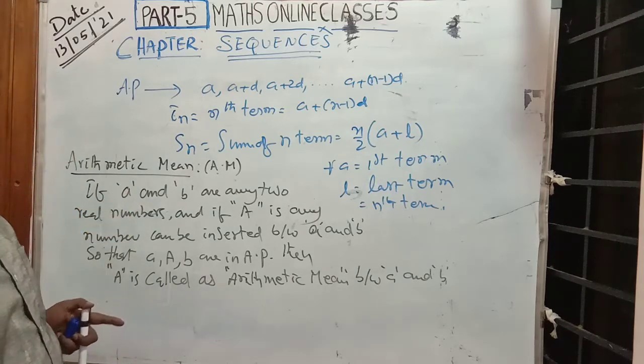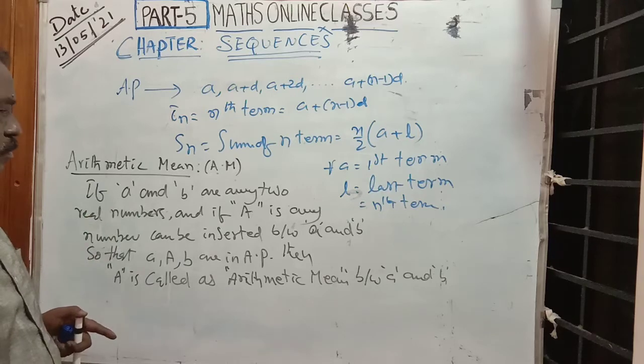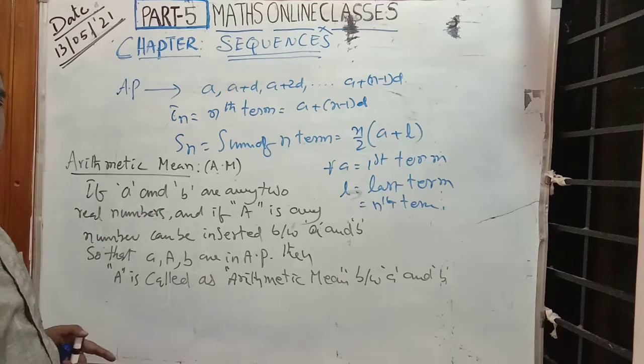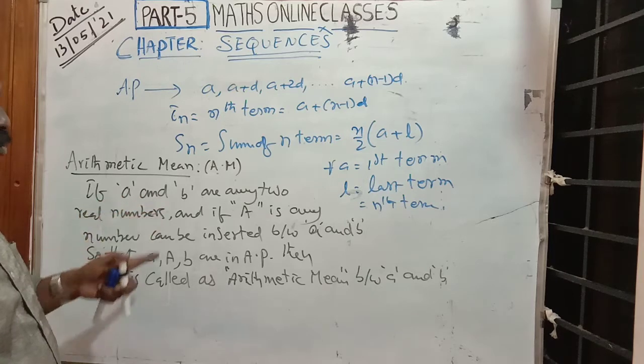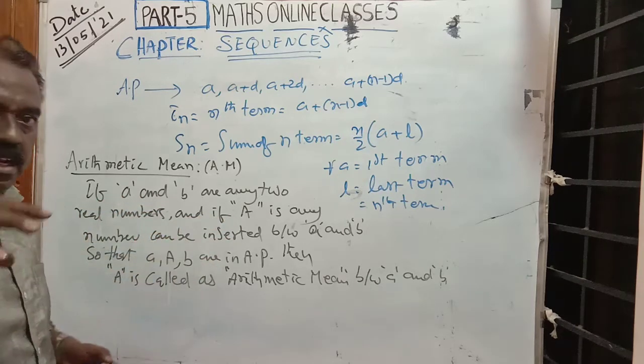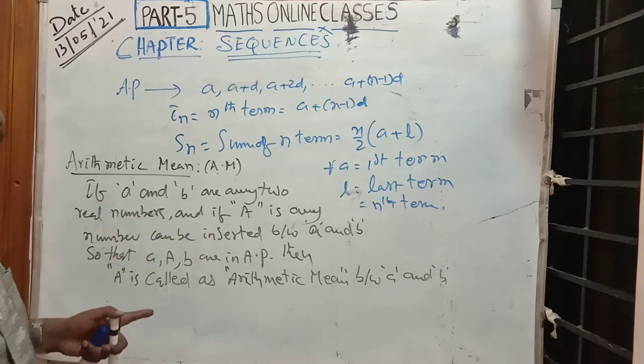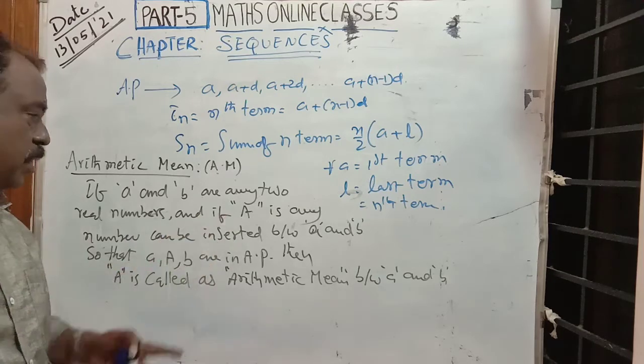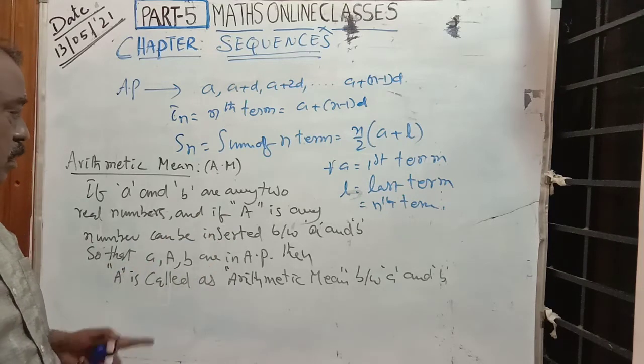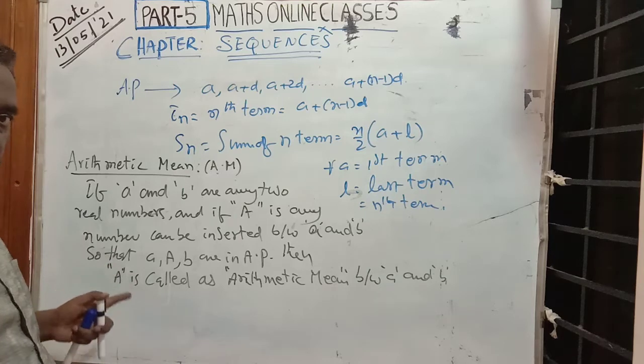Suppose a and b are two numbers, 5 comma 10, 6 comma 18, like that. In between those two numbers we insert, means we place, another number, with one condition.